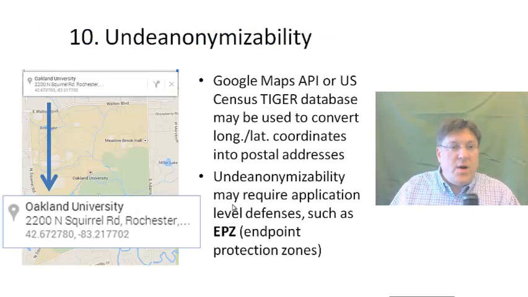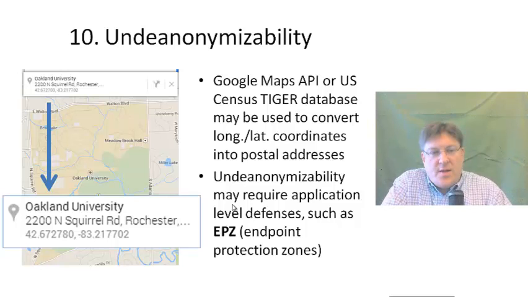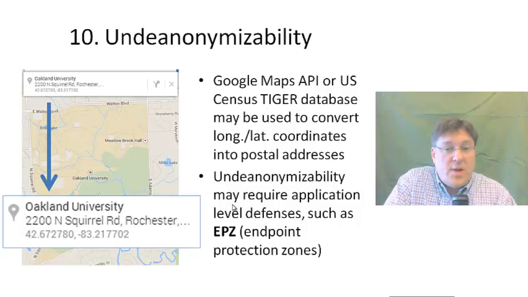A new area that's just emerging now, I just got a paper accepted on it. It hasn't been published yet, but it will be soon, on de-anonymizability. The idea is to create a system that can protect against somebody trying to de-anonymize your latitude and longitude coordinates using Google Maps or, say, the U.S. Census location database.